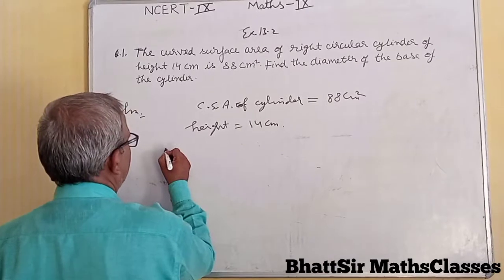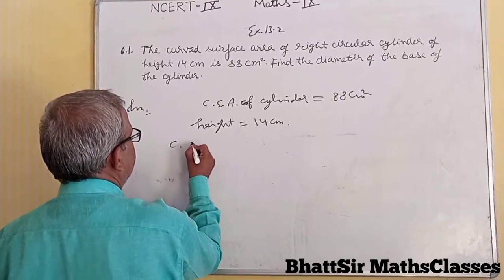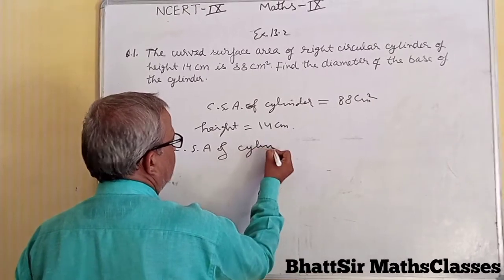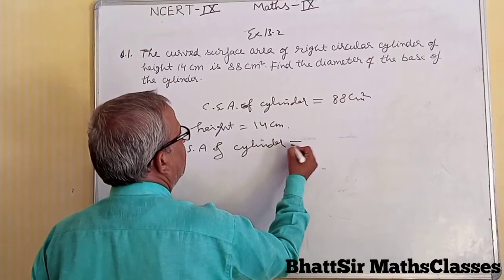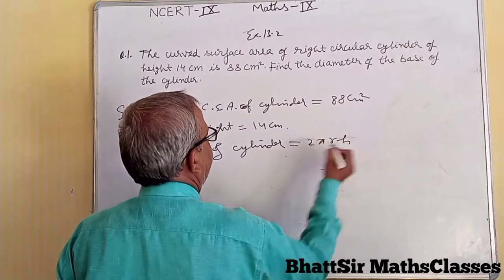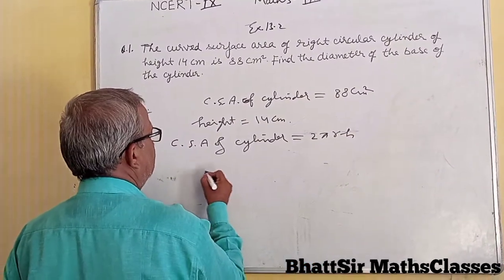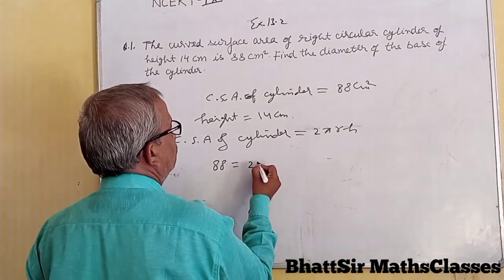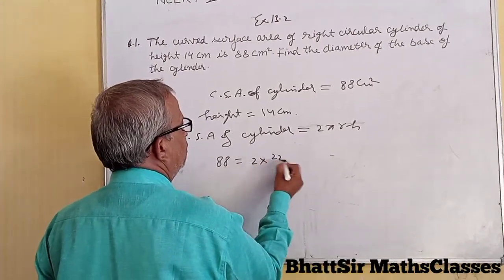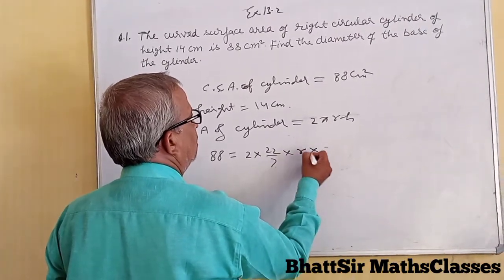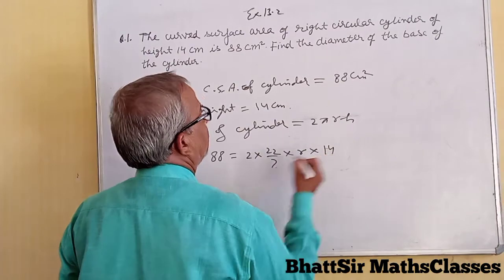As you know, CSA of cylinder equals 2 pi r h. Therefore 88 equals 2 into 22 upon 7 into r into 14.